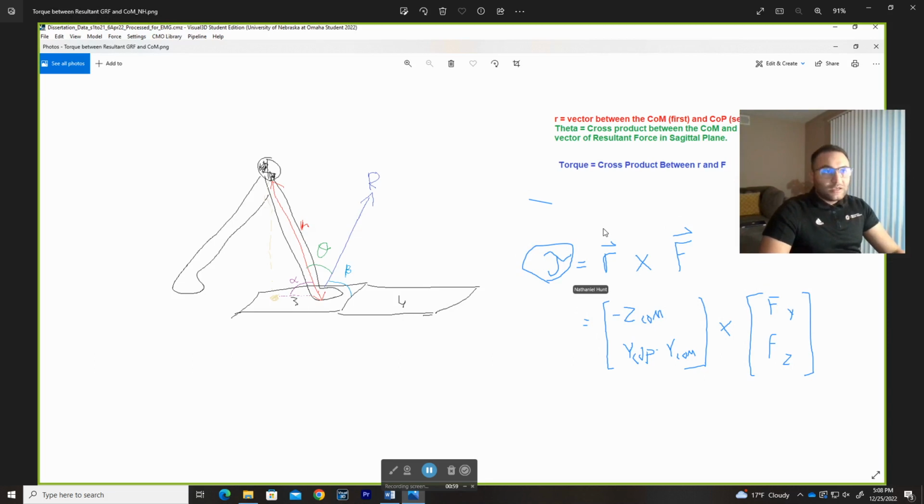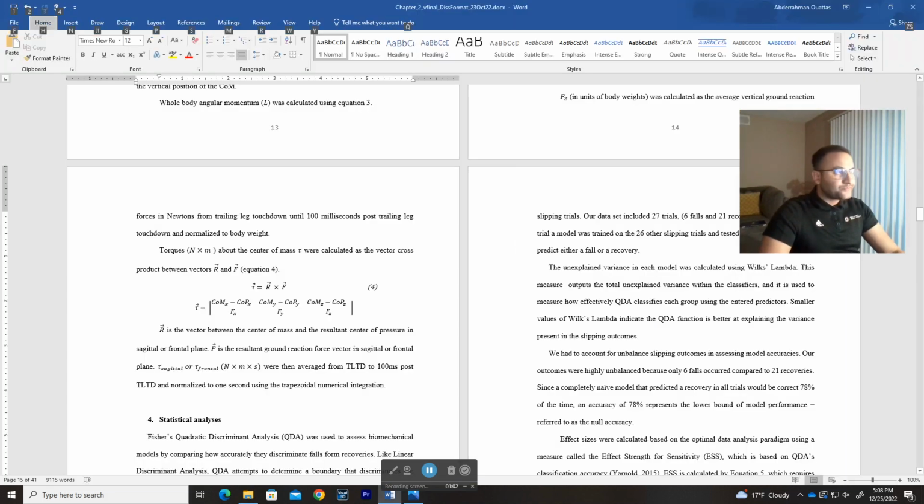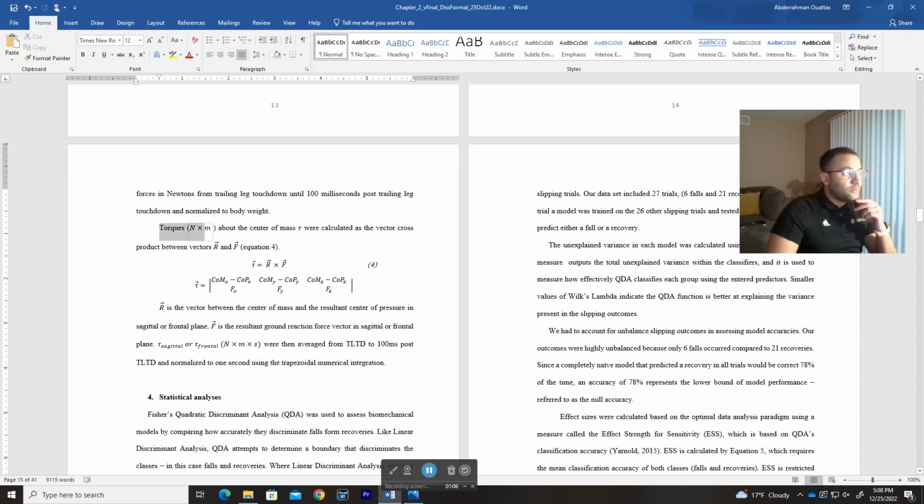All right, once you do that, this is how you calculate it. Torque, which is in Newton meters, about the center of mass will be calculated as the cross product of vectors R and F. Basically, you just subtract the center of mass x minus center of pressure x, and then extract the Fx.